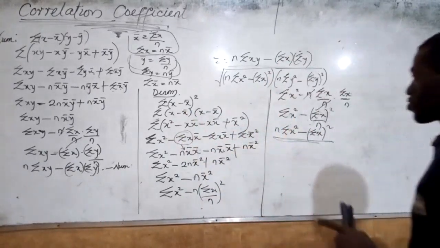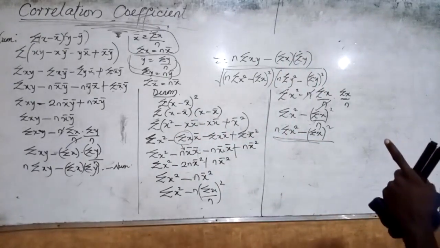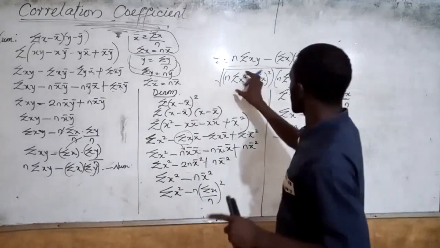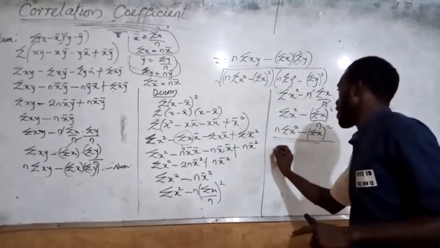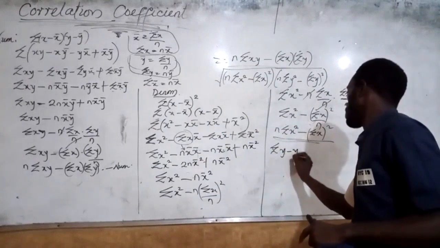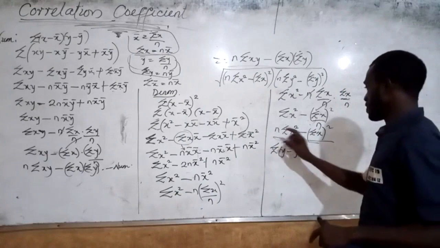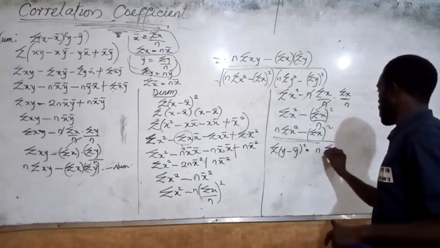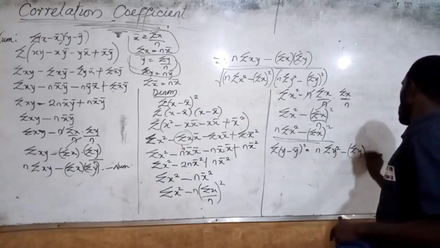Alright, so we can now use the same expression for y, so that if it were y, summation of y minus y bar all squared is equal to, using the same expression, n summation of y squared minus summation of y all squared.